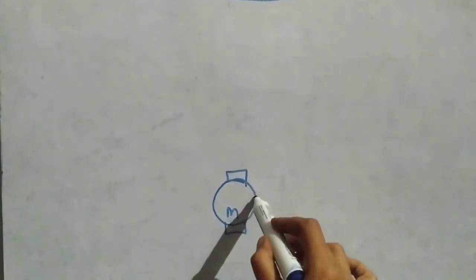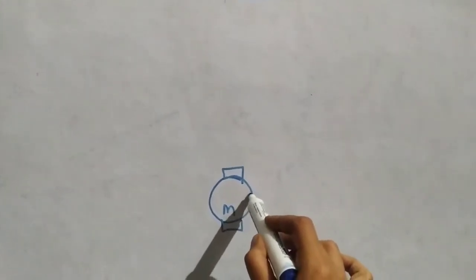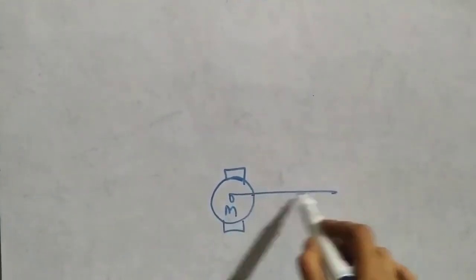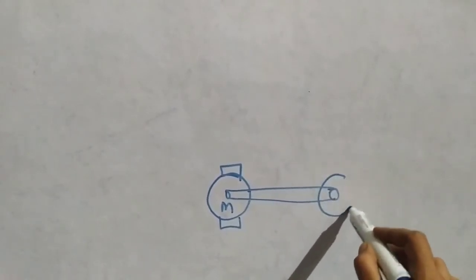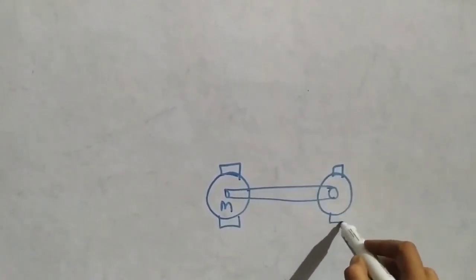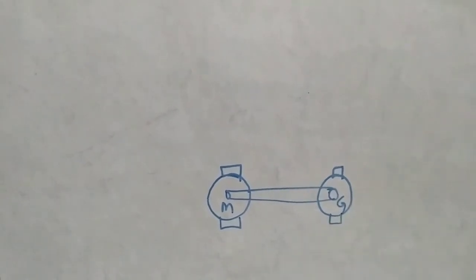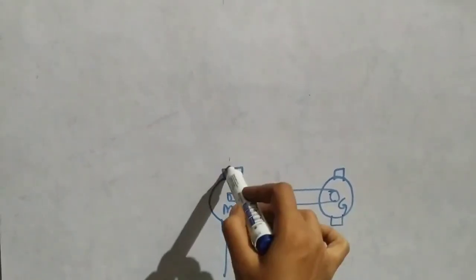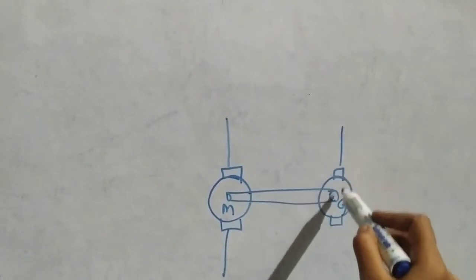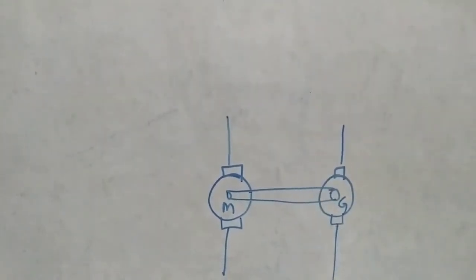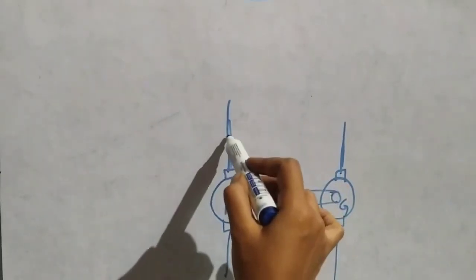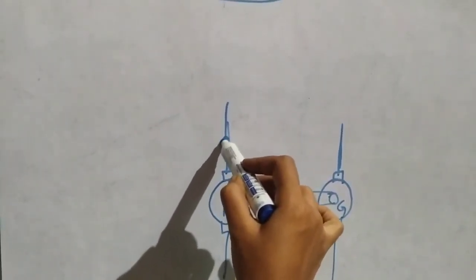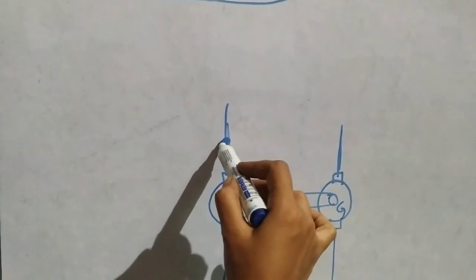As I told, it is connected back to back with the generator. Now, as we are going to make use of a shunt configuration, I am going to take a deviation from this point.